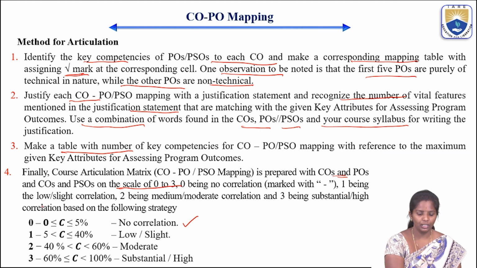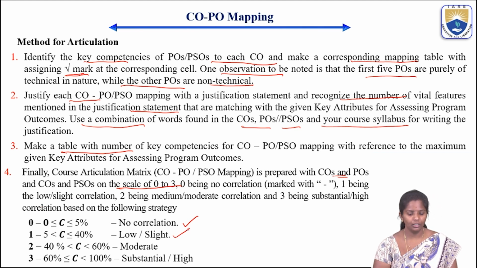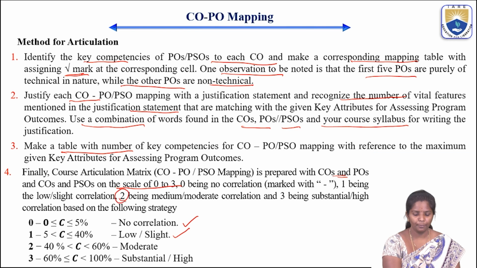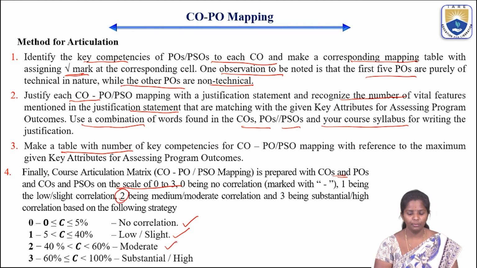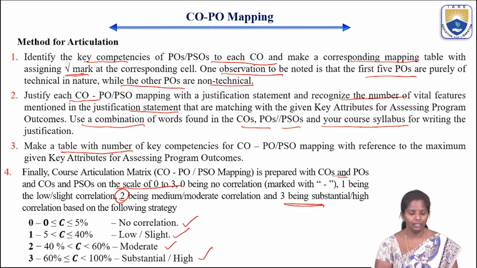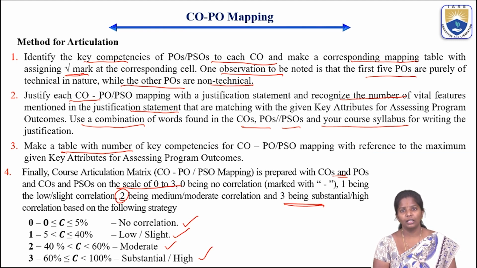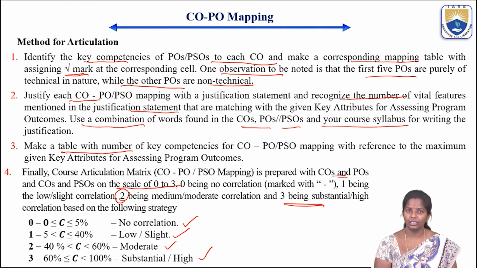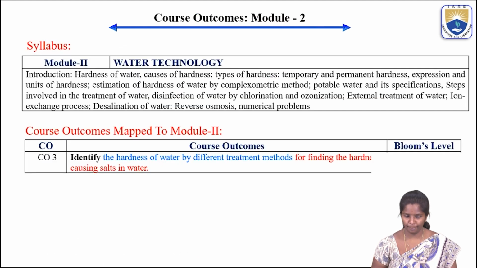Then 1 is slightly correlating, 2 is moderately or medium correlating, and 3 is substantial and highly correlating with the CO-PO mapping. It means whenever all the key competences are matching with that particular course outcome, then it gets 3. It means it has high importance.